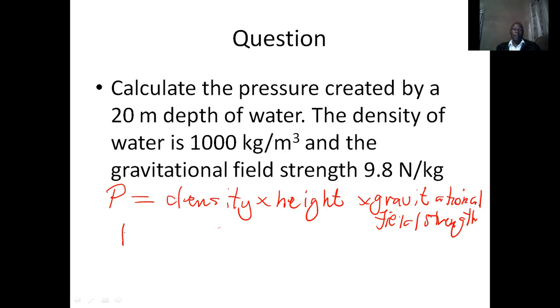In other words, we are saying pressure is equal to density multiplied by height multiplied by gravitational field strength.